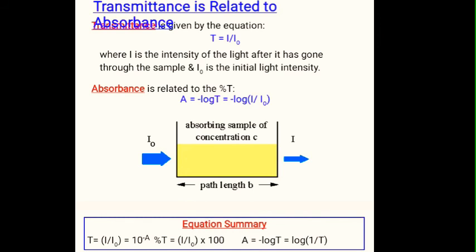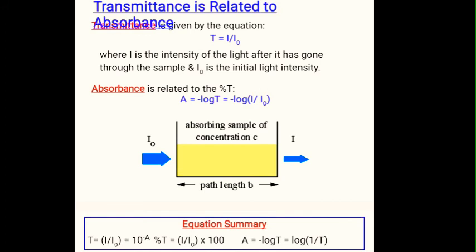Absorbance is related to the percentage of T: A is equal to minus log T, which is equal to minus log of I upon I0. I0 goes into the absorbing sample of concentration c and gives I. So path length b.